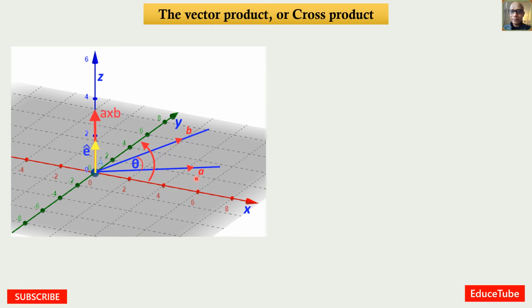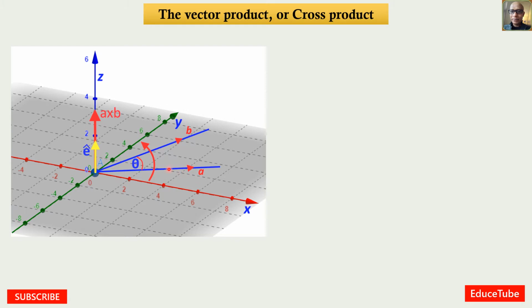Now, before starting this, I want to tell something about the right-handed screw. A right-handed screw is one that, when turned clockwise, enters the material into which it is being screwed.